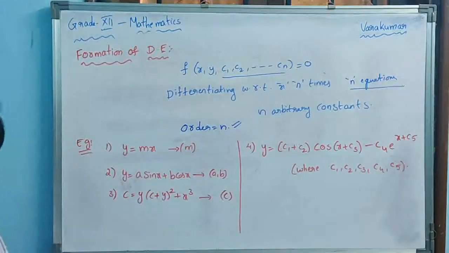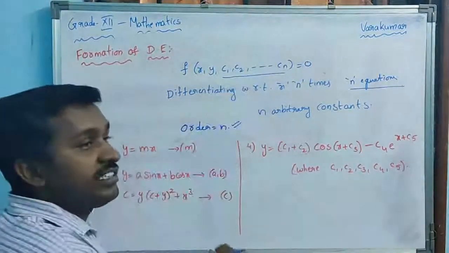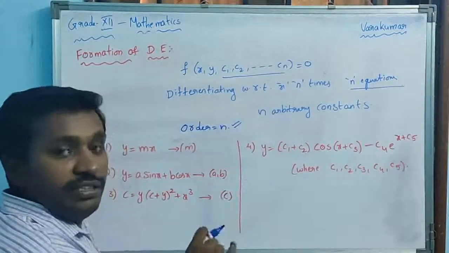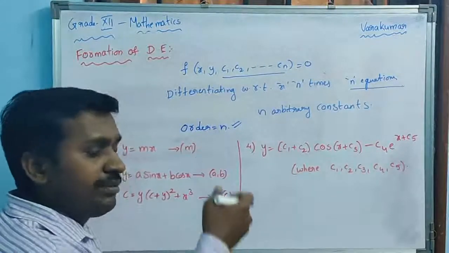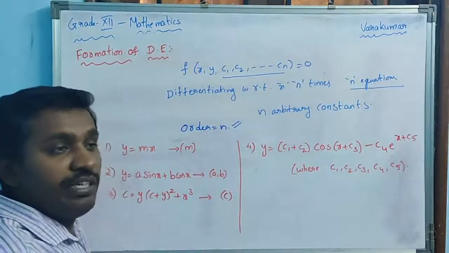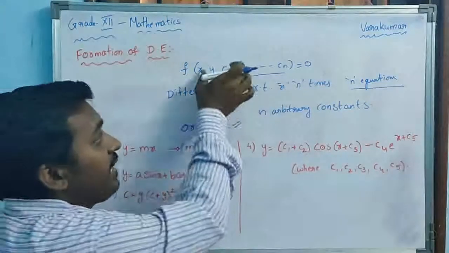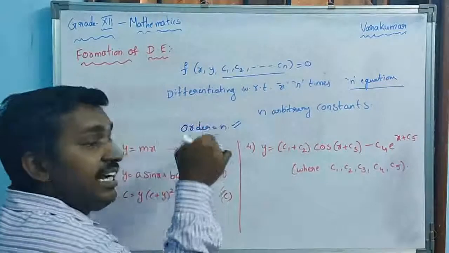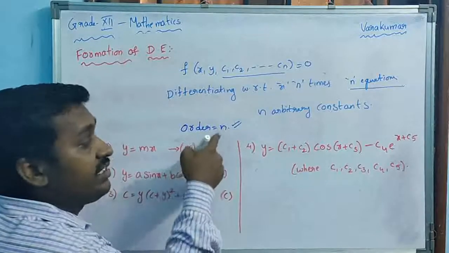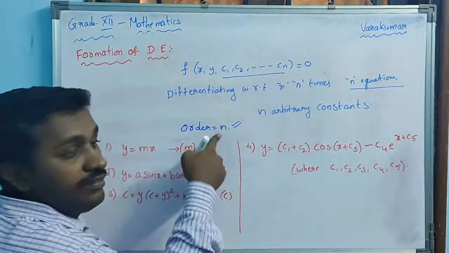What I am trying to say is, if n arbitrary constants are there, and you do the elimination method step by step, finally you will get the equation satisfied by this function, and that equation's order is n.